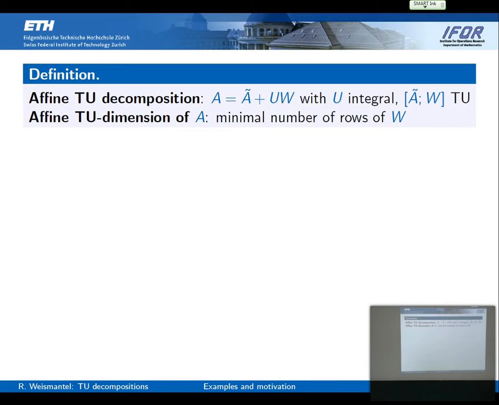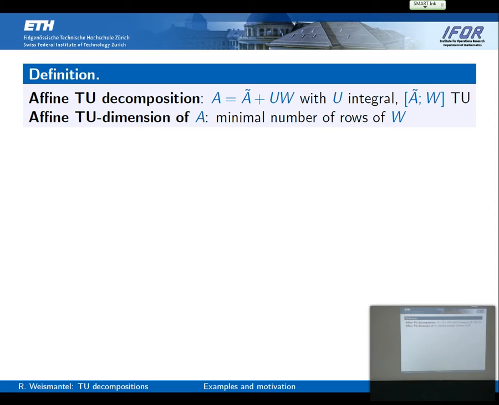But now comes the key property. We want A tilde and W together to be a TU matrix, and the U is just some integral matrix so that you can decompose the matrix in this fashion. Now, then the affine TU dimension of this matrix A is just the minimal number of rows of W. Now, why does that make sense?